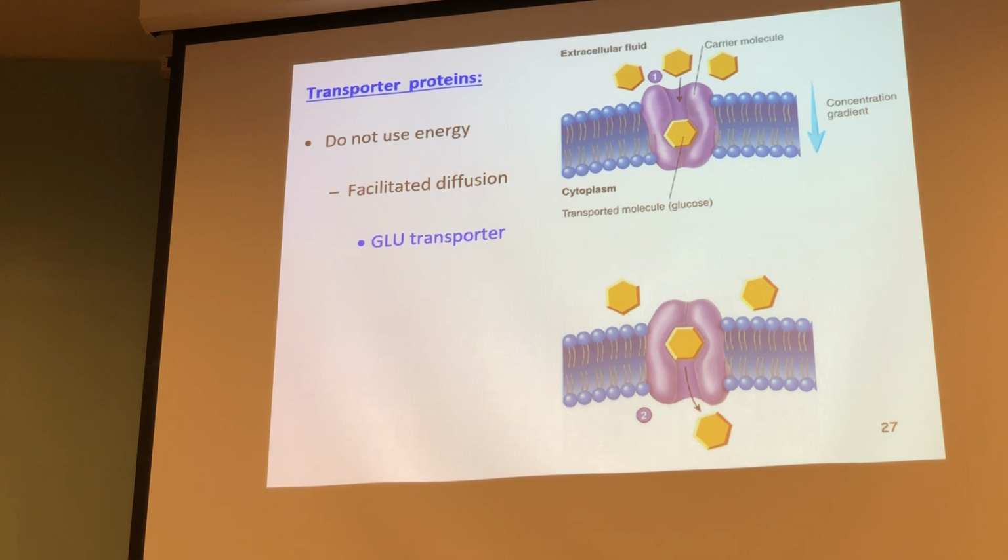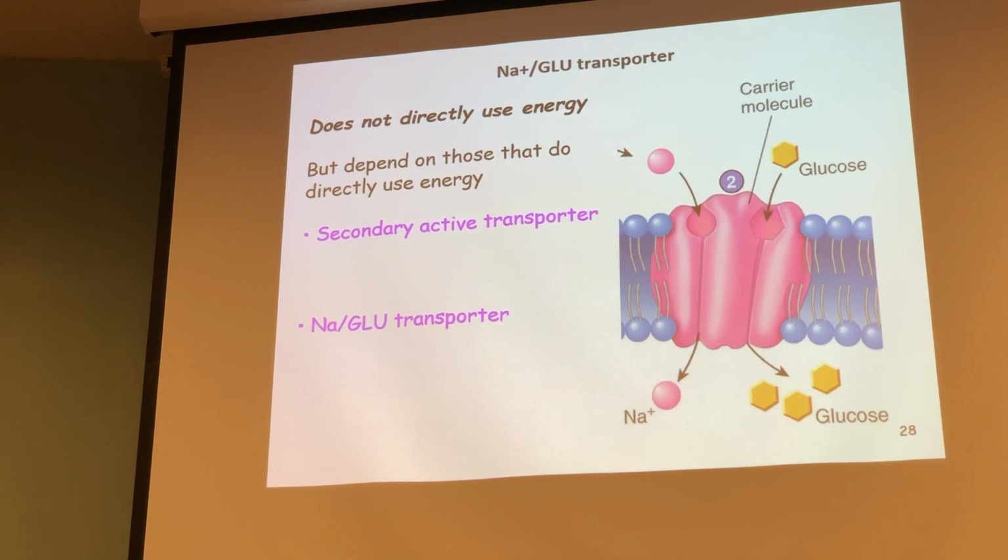Now, there's another glucose transporter. This one is known as a sodium glucose transporter. And here's where we've got to practice this. What is the name of this transporter? It is a sodium glucose transporter. What kind of a transporter is it?